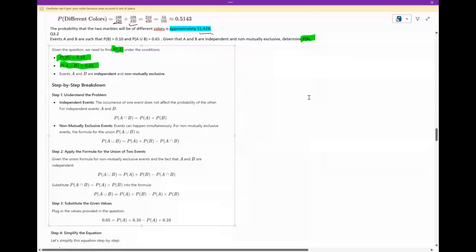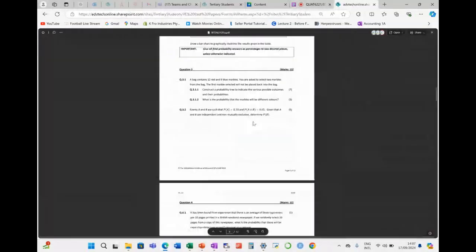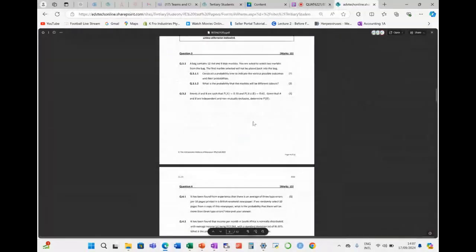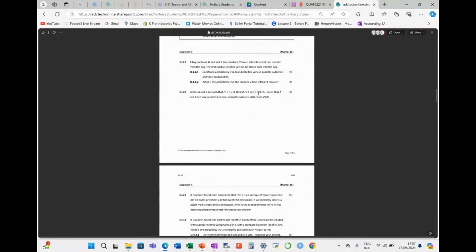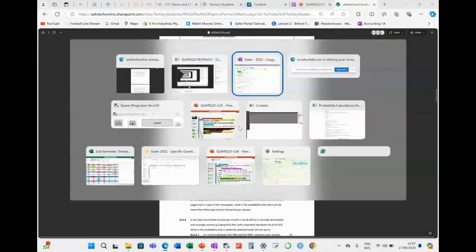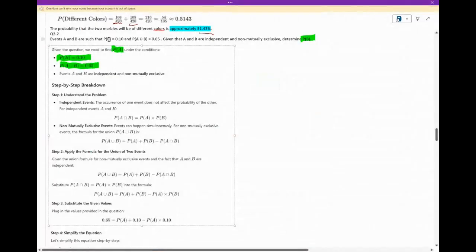Yeah, that is definitely the case, given that A and B are independent. Determine A. Okay, so I typed the wrong thing. I typed here the probability of B, but it's supposed to be the probability of A. Okay, there, let's go.